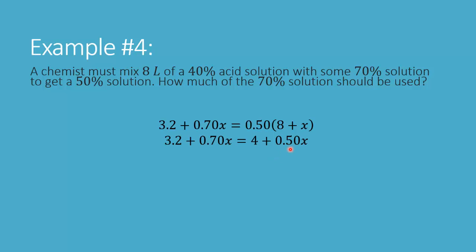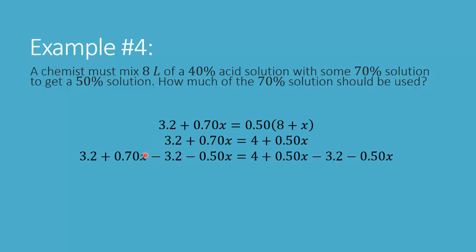Now step 2, we need to isolate x to one side and get it all by itself. In this next step, I'm going to combine step 2 and part of step 3. I'm moving x so that it's all on the left side, and I'm moving the 3.2 over to the right, because I want x all by itself on the left.